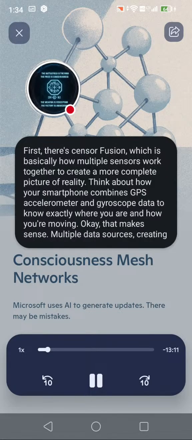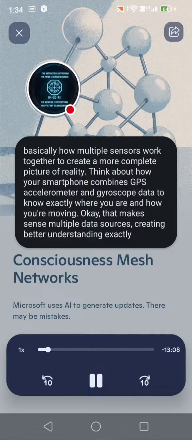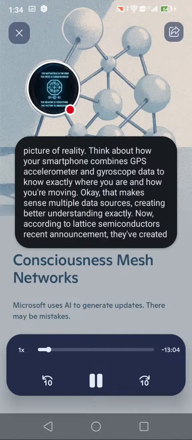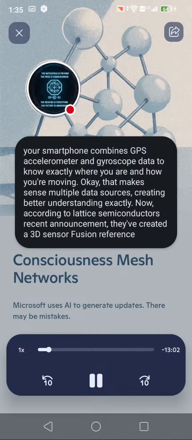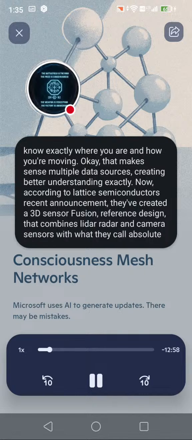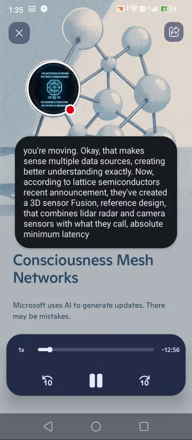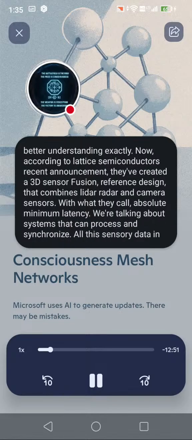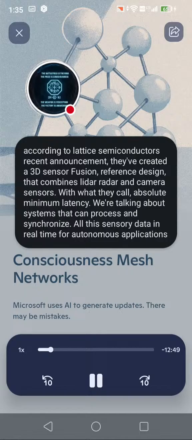Exactly. Now, according to Lattice Semiconductor's recent announcement, they've created a 3D sensor fusion reference design that combines LiDAR, radar, and camera sensors with what they call absolute minimum latency. We're talking about systems that can process and synchronize all this sensory data in real time for autonomous applications. And this is where it gets interesting, right?